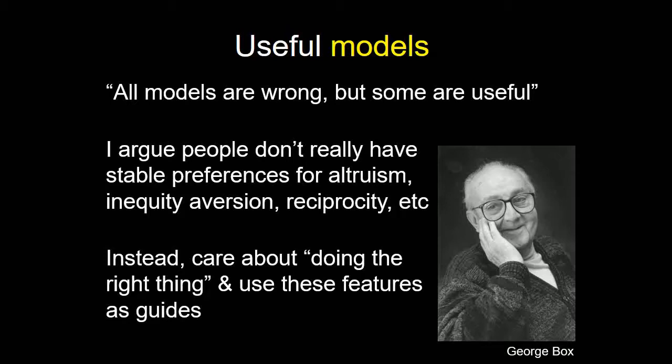But really, they want to say, in this situation, what's the right thing to do? And then how much is it worth to me to sacrifice in order to do the right thing? And in order to figure out what the right thing is, we use things like the payoff to the other person, the level of inequality, the extent to which you reciprocate, as cues to what's right or wrong. But it's not that you really care about those things per se.